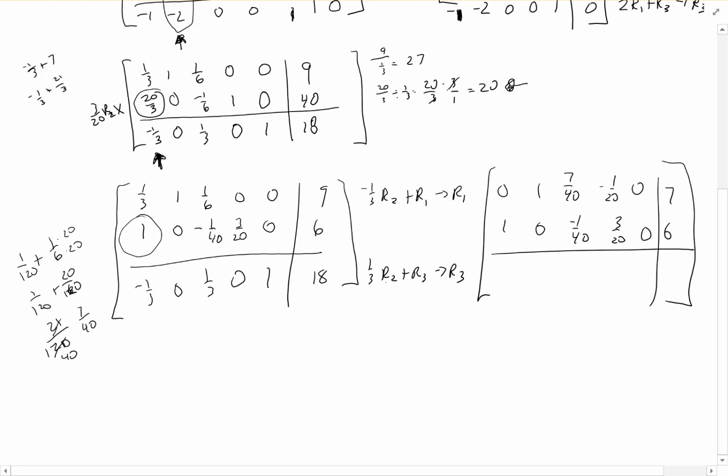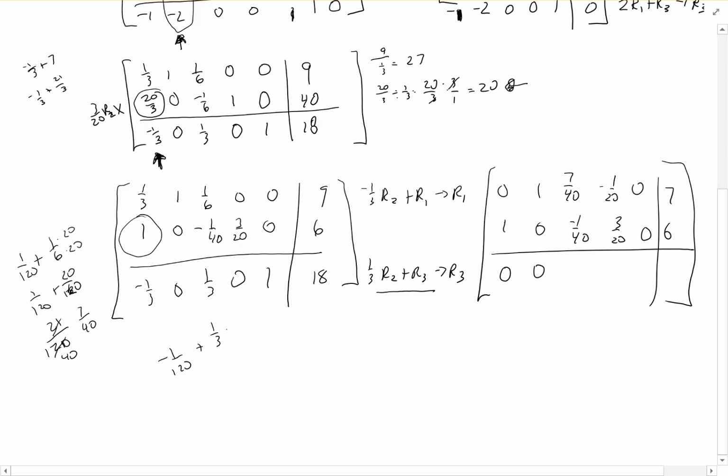So then I need to do 1/3 of row 2 plus row 3. So 1/3 of 1 is a third, plus negative 1/3 gives me 0. 1/3 times 0 plus 0 stays 0. 1/3 of negative 1/40 would be negative 1 over 120, and I need to add that to 1/3. I want to multiply this by 1/3 and add to 1/3.